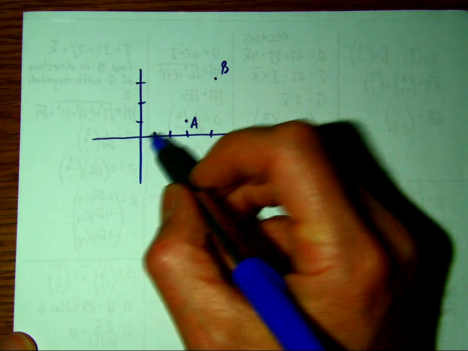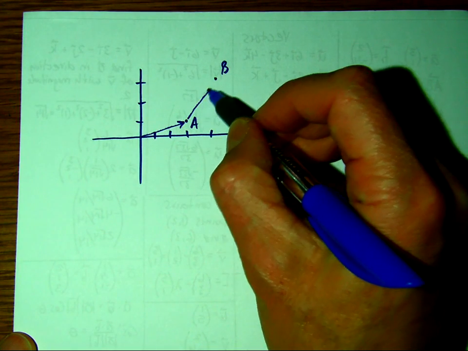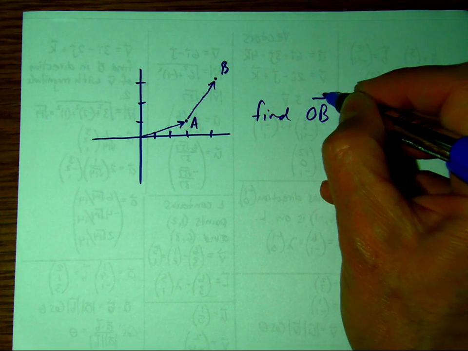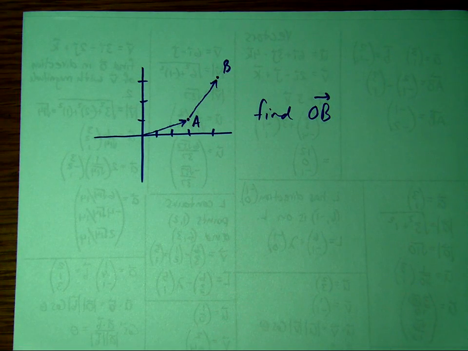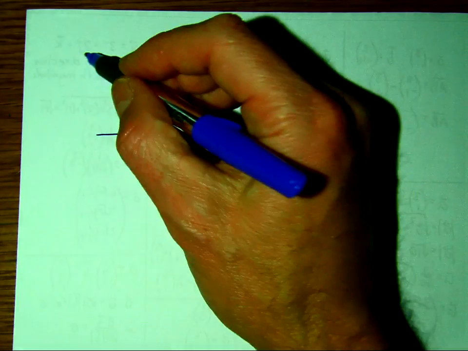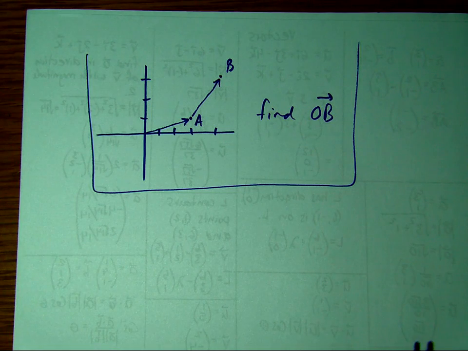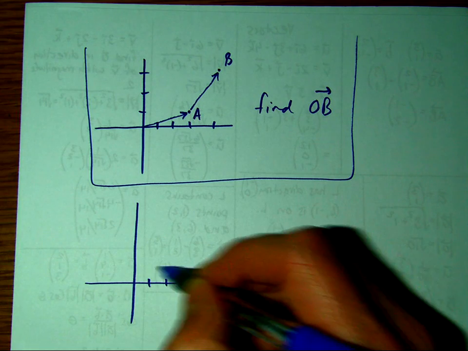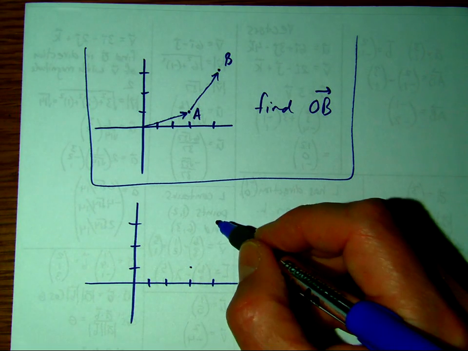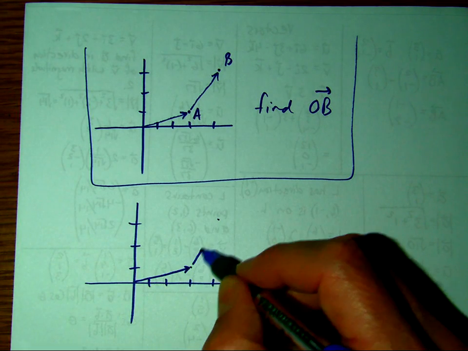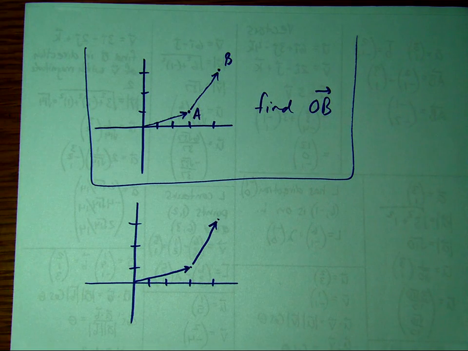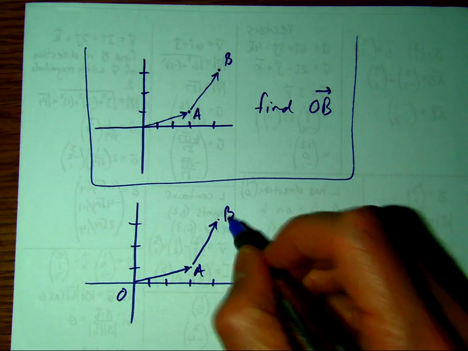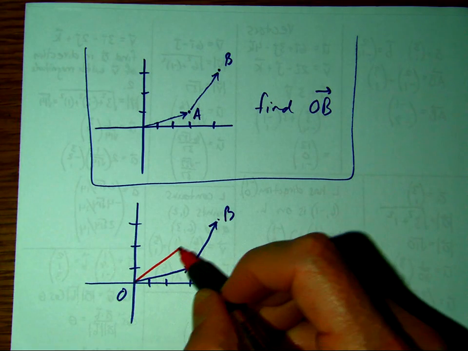B. All right, we want the vector from O to B. This is O, A, B, and we are trying to represent that, OB.